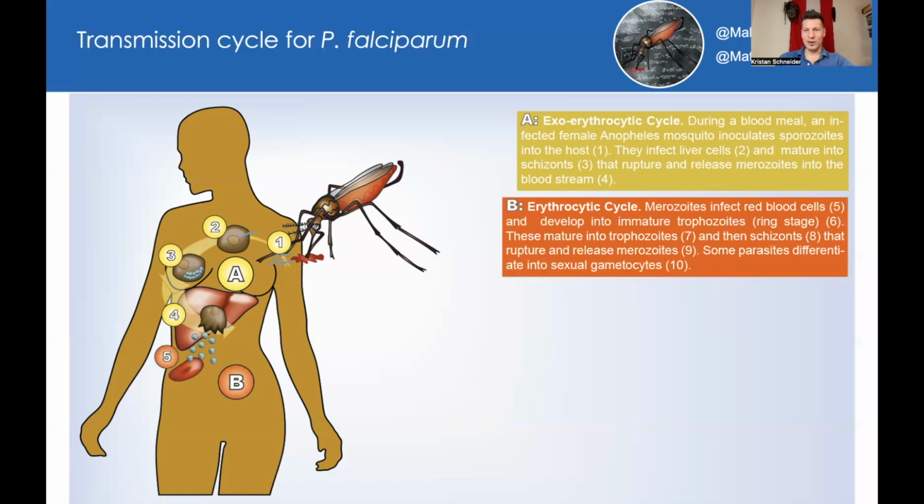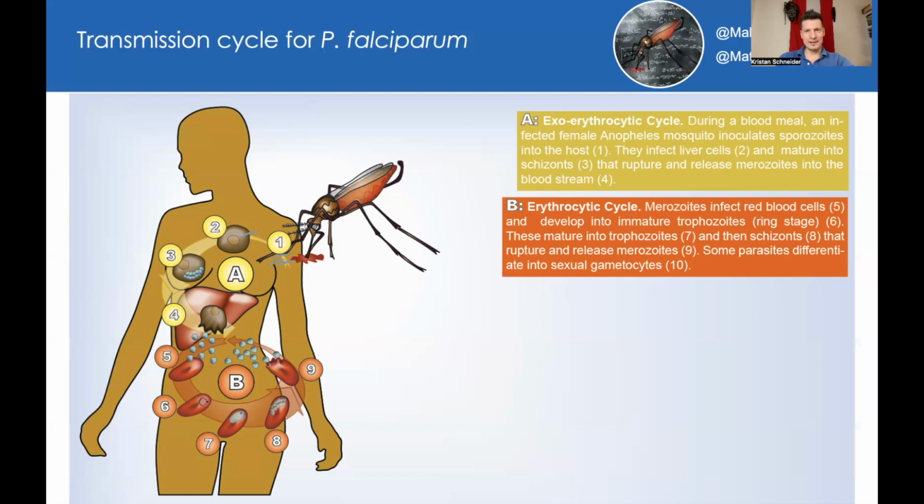Here, merozoites infect red blood cells and first form immature trophozoites, which appear under the microscope as the characteristic ring stages, and then further mature into fully grown trophozoites that further grow into schizonts, which ultimately rupture and release new merozoites into the bloodstream, which will again attach to new red blood cells and perpetuate the cycle.